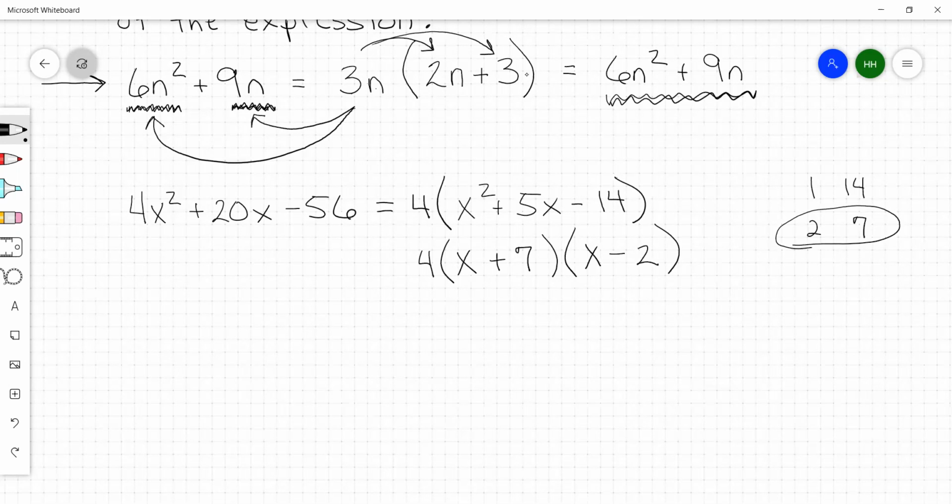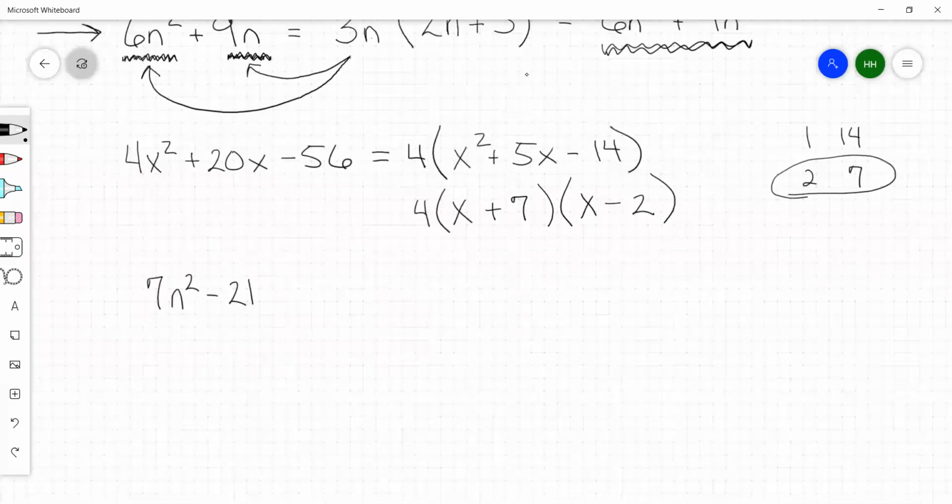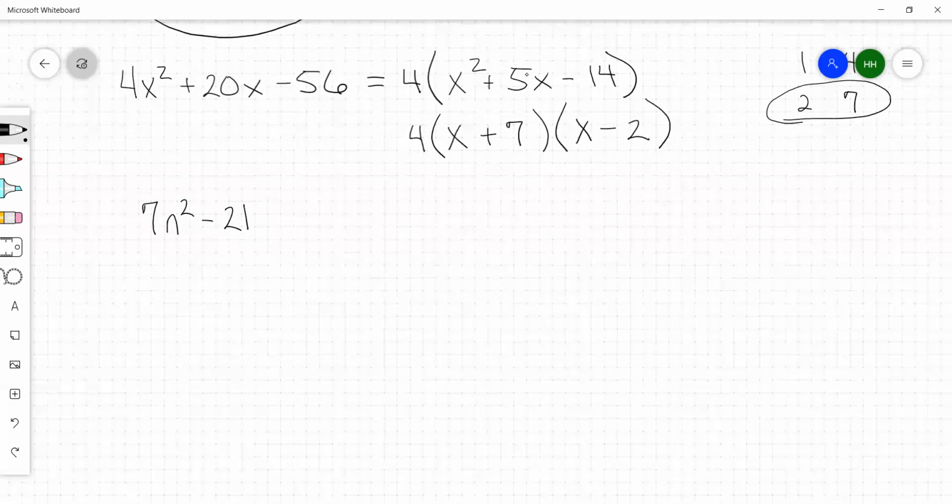Let's take a look at 7n squared minus 21. You got two terms here. This is a binomial. The largest factor of 7n squared and 21 would be 7. There's no variable with it because the 21 doesn't have a variable with it.